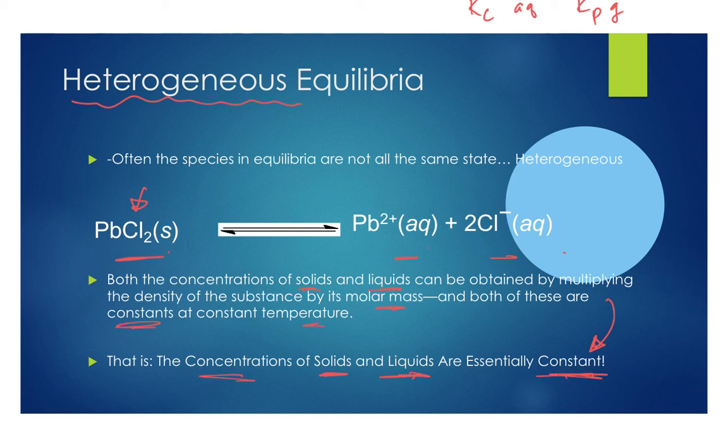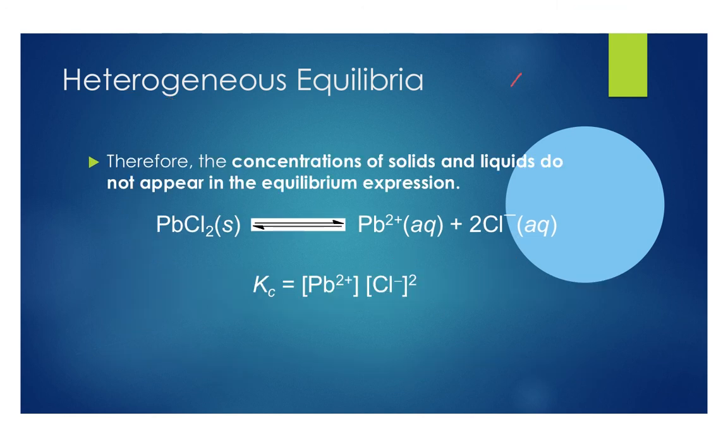Okay, so this has an implication for our equilibrium constants. It means that the concentrations of solids and liquids do not appear in the equilibrium expression. If I wanted to write an equilibrium expression for this, I would normally write the concentration of Pb2+ times Cl- squared over the concentration of PbCl2. But we know that this is essentially a constant because it's a solid. So if I multiply it by that Keq, it's another constant.